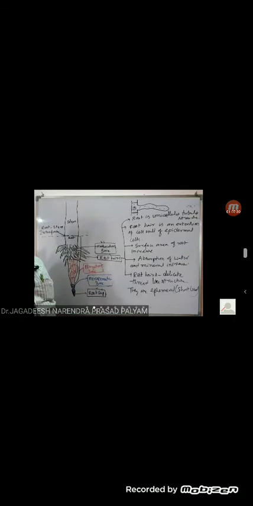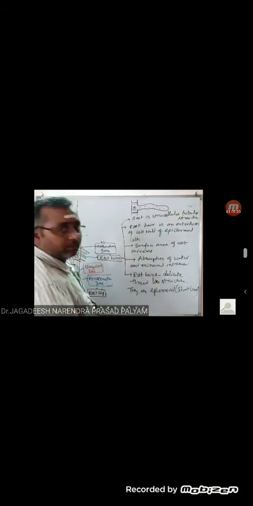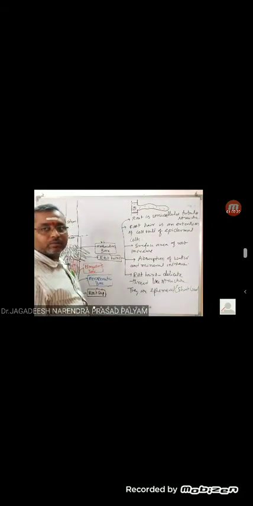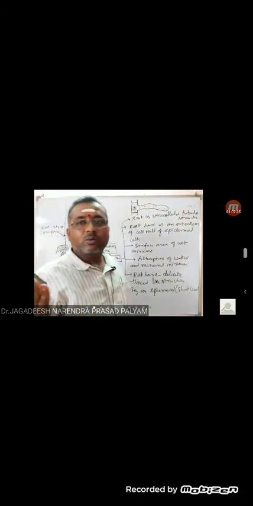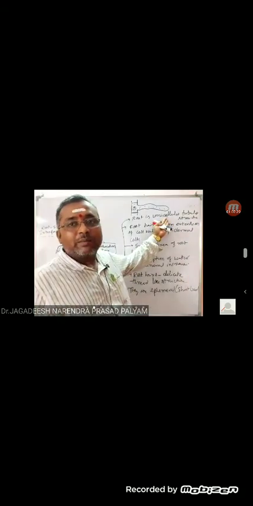Root hair is not meant for holding soil particles. It is only for absorption. Okay. So it seems completed, everyone. Root hair is a unicellular structure. How can it contain xylem and phloem?